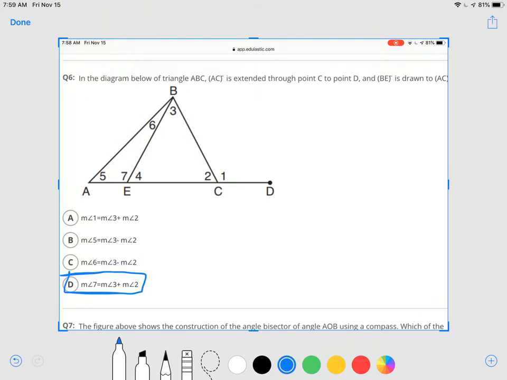The reason it's D is because it's saying measure of angle 7 is equal to measure of angle 3 plus measure of angle 2. So we're looking at 7, and the claim is that it's equal to 3 plus 2. The key here is to look at angle 4.